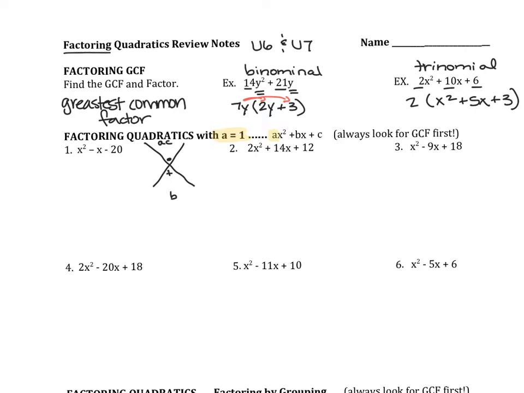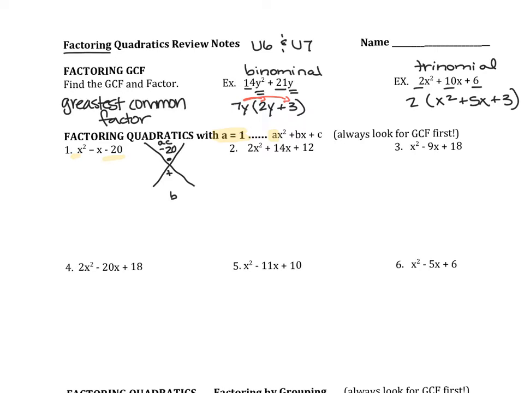And then I would look at my trinomial for my a term and my c term. In this case, the coefficient of my x squared is 1, and the c term is negative 20. 1 times negative 20 is negative 20.